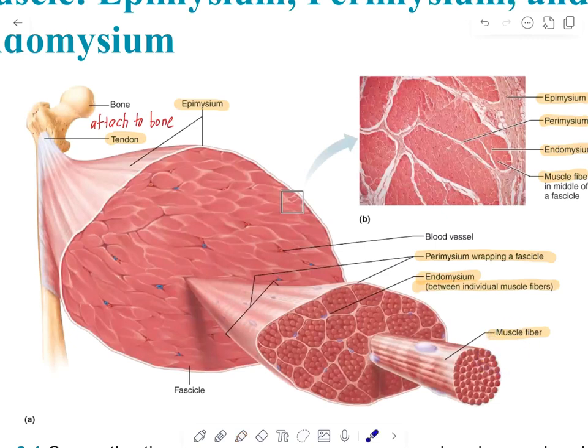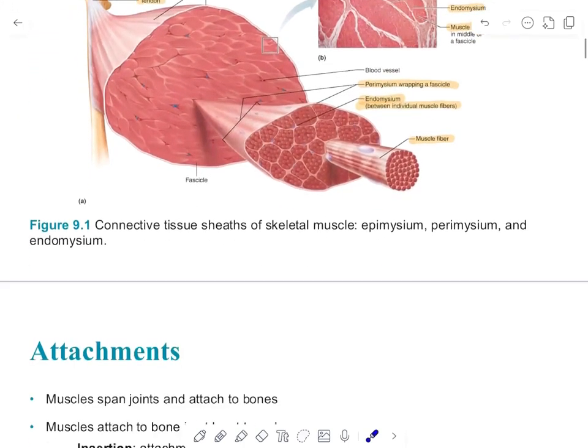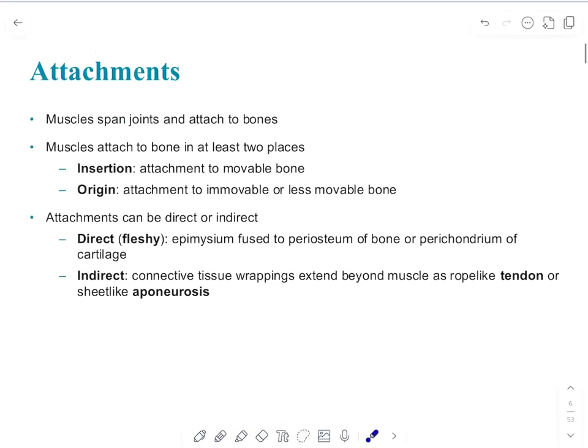The attachment sites for skeletal muscles, like the tendon, are going to span joints and also attach to bones. We have two different types of attachments. We have one that's called an insertion, and that's the attachment to the movable bone, and it's usually oftentimes more distal when we refer to the limbs.